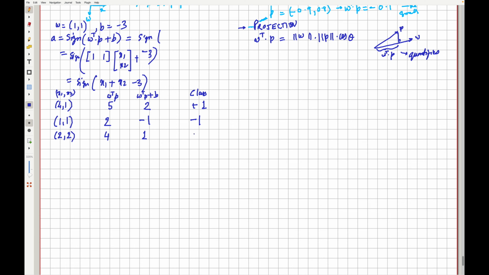This is positive, so it belongs to class 1. And let's say we have a point 0 3, this lies on the decision boundary: the dot product would simply be 3, and subtracting 3 gives a value of 0, which means it lies on the decision boundary itself.